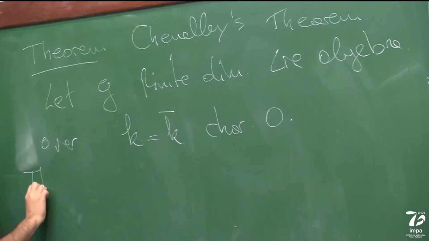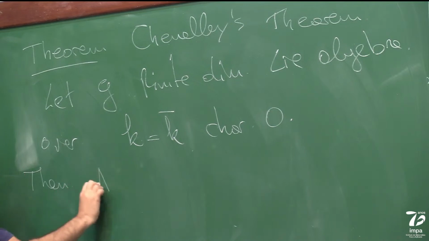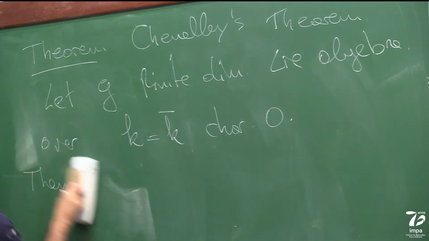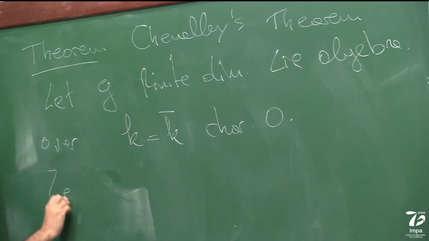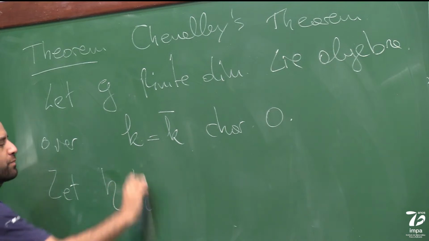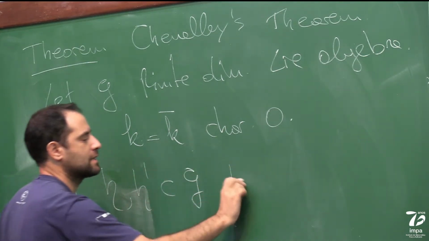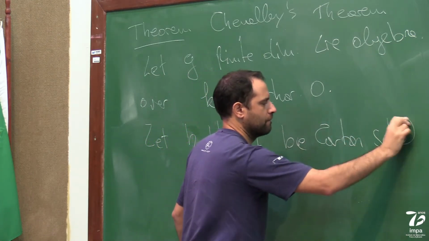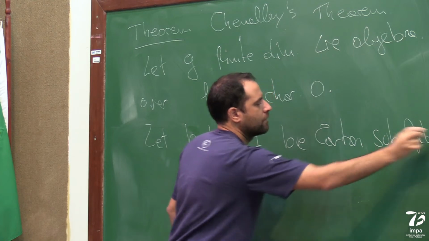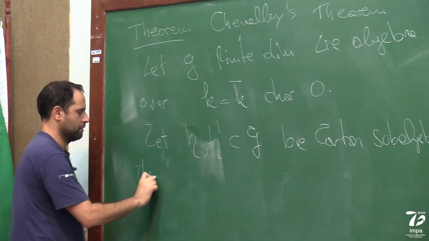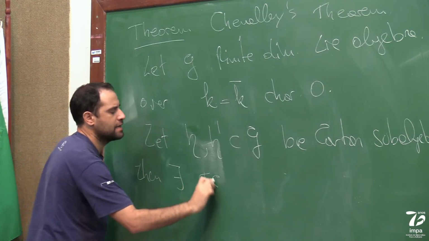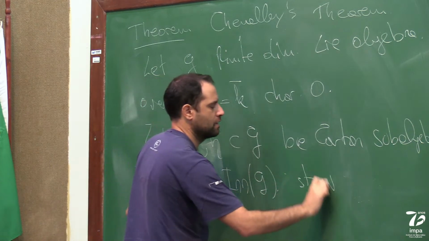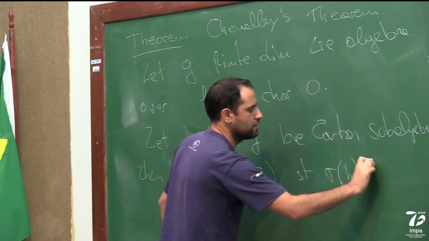Then any two Cartan subalgebras: let H and H prime inside of G be Cartan subalgebras. Then there exists an inner automorphism sigma of G such that sigma of H is equal to H prime.